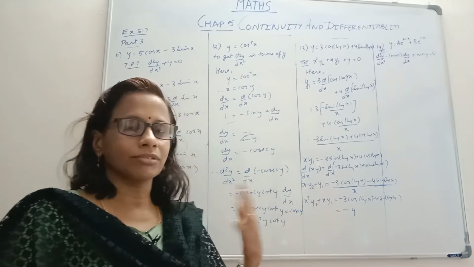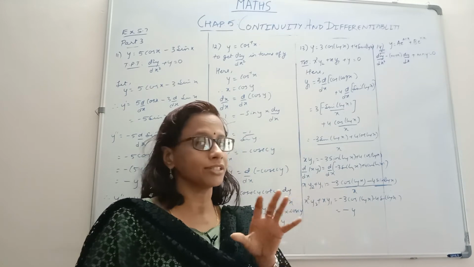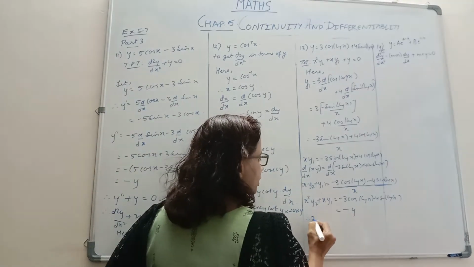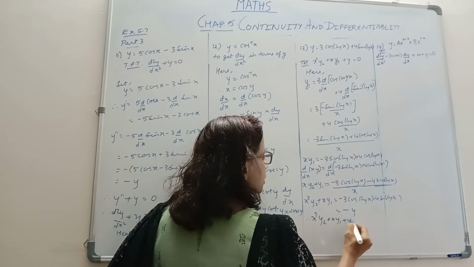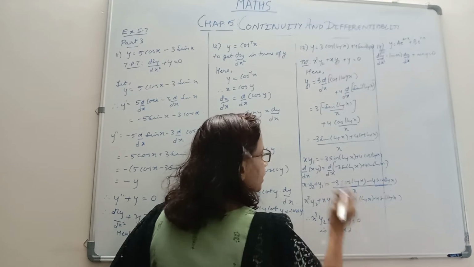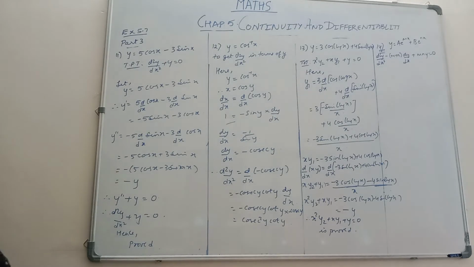That's where practice matters, because after so many problems you will know, yes, this could work better. So therefore x squared y2 plus x y1 plus y equal to 0 is proved, or hence proved, whatever.